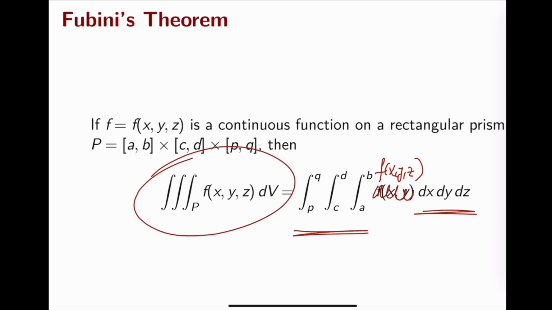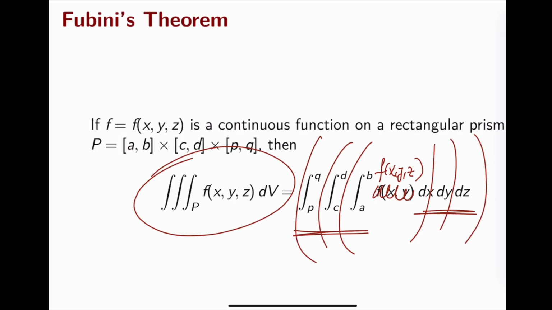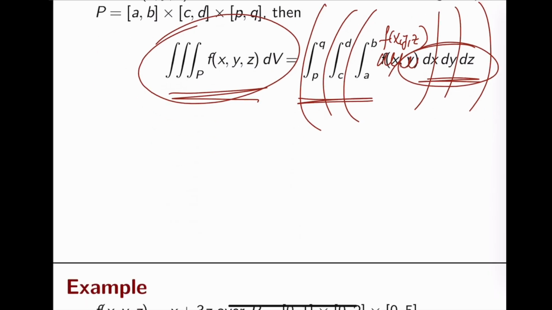So we can integrate first with respect to x, and then with respect to y, and then at the end, only at the end, we do the z. But what Fubini says is that this integral is the same when varying this sequence in any other order. So we can do dy dx dz, or dz dx dy. All the possible permutations of the variables will give the same triple integral.